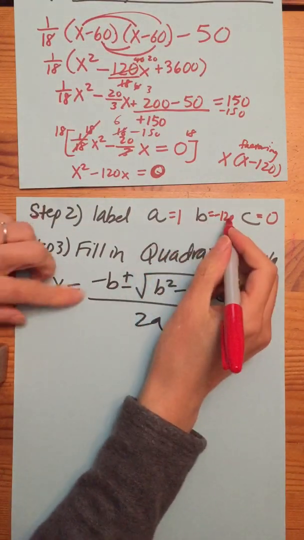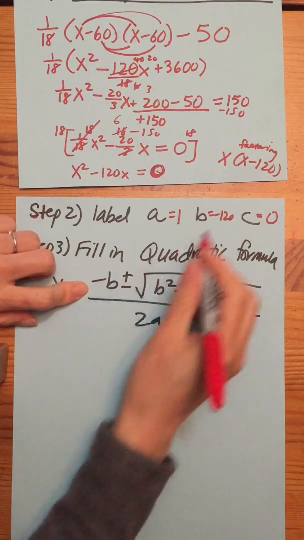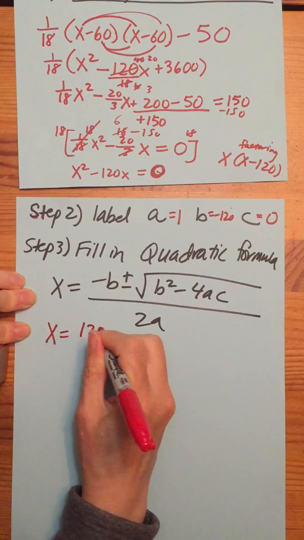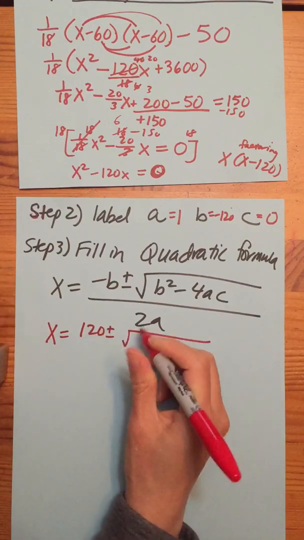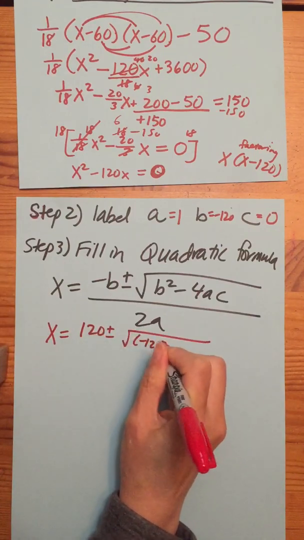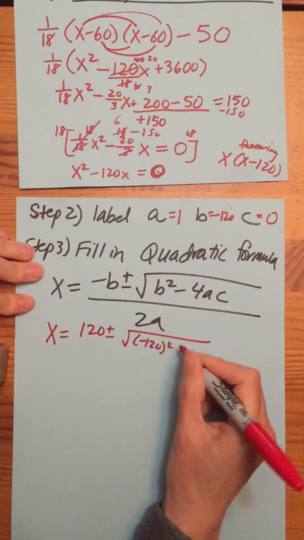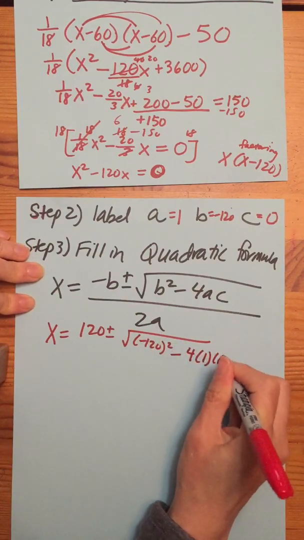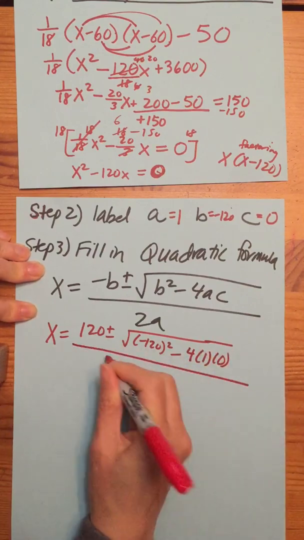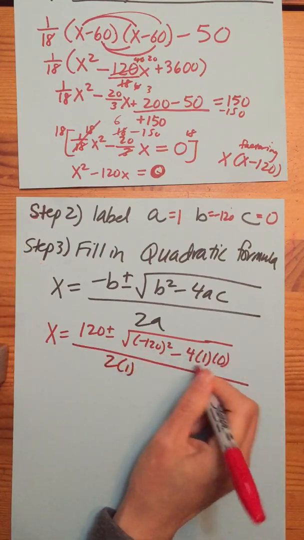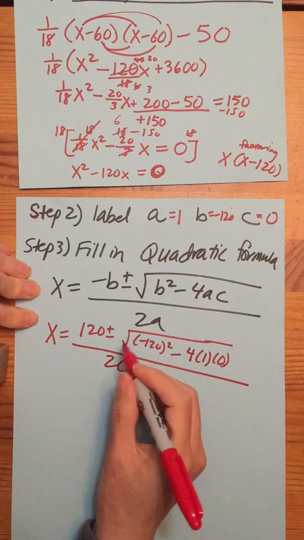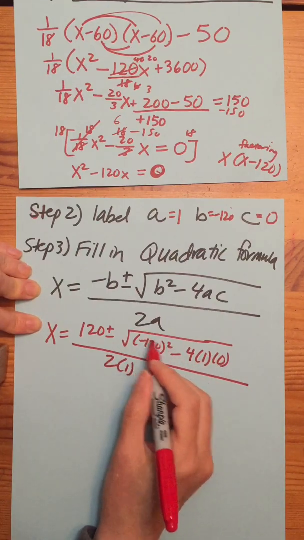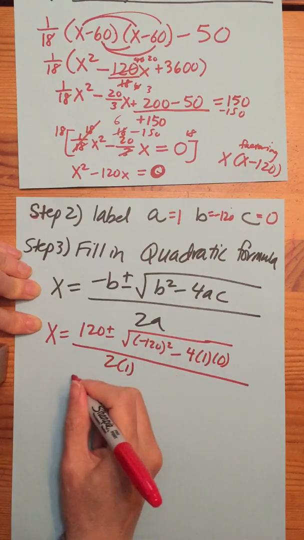In this case, b is negative 120, so the opposite of negative 120 is positive 120. B squared, so negative 120 squared, is squaring the negative sign too, minus 4ac, all over 2a. You're going to subtract 0 here. Negative 120 squared becomes positive 120 squared, because negative times negative is positive.